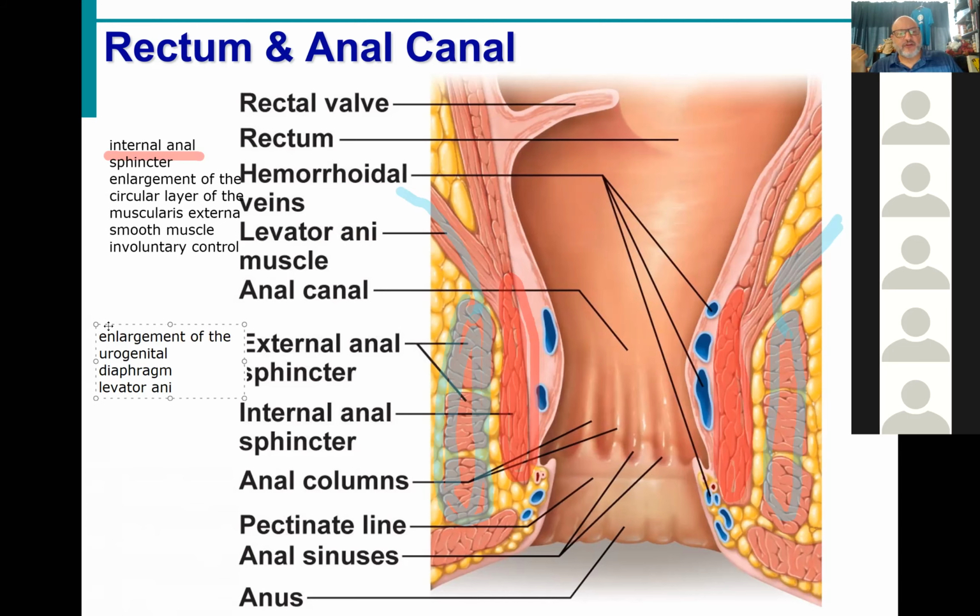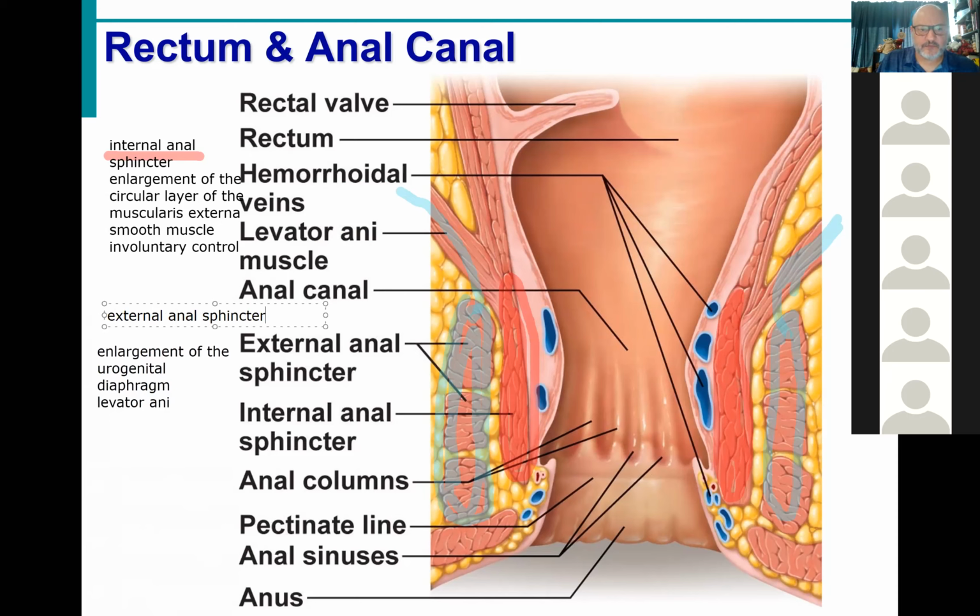And we call this the external anal sphincter. So we have this external anal sphincter, which we have colored blue. That is an enlargement of the urogenital diaphragm, an enlargement of the levator ani.